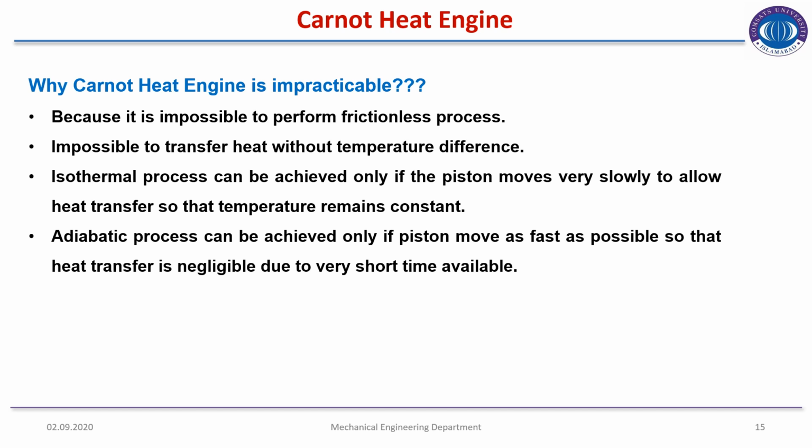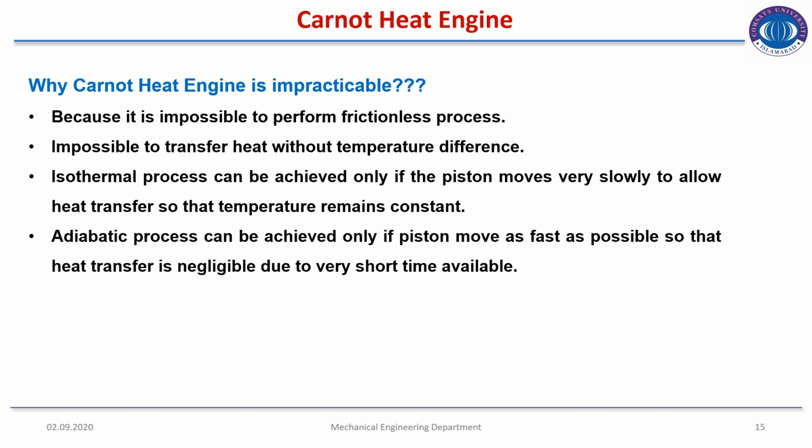So as you know, in the Carnot heat engine we have 4 processes, 2 of them isothermal and 2 reversible adiabatic. For reversible isothermal process, the system must perform that process very slowly, whereas for adiabatic process the process must be performed very fast.